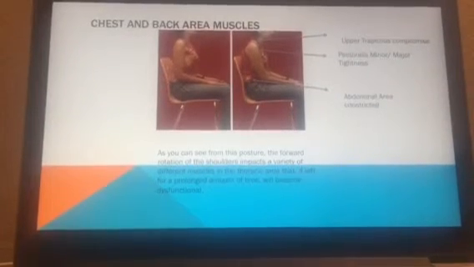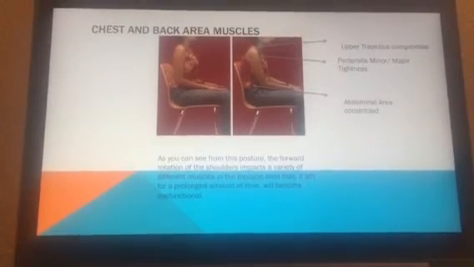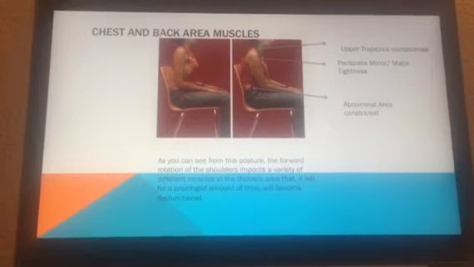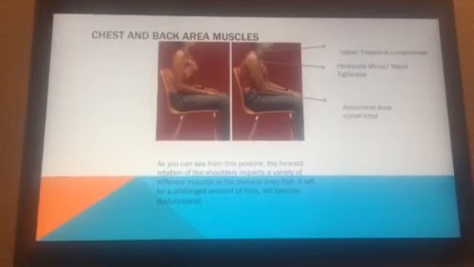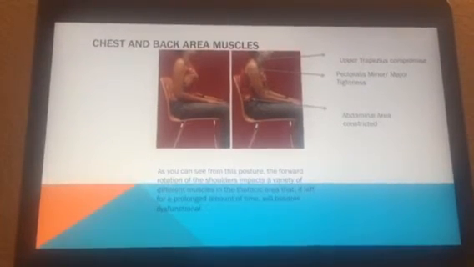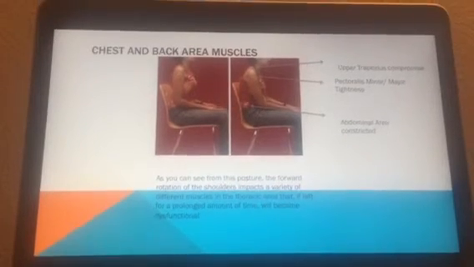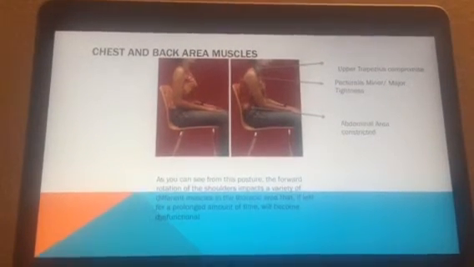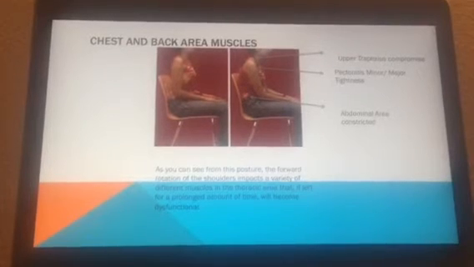This is our final slide I'm going to talk about, and it's that comparison between the upright posture and the thoracic curvature posture. For the thoracic curvature posture, you have the upper trapezius compromised there, where it's going to be tight, and it's going to cause the neck to rotate into extension, if you're looking at that there.